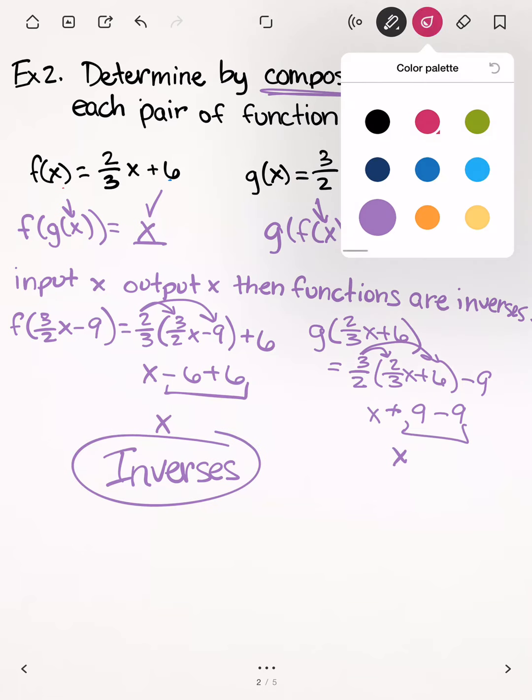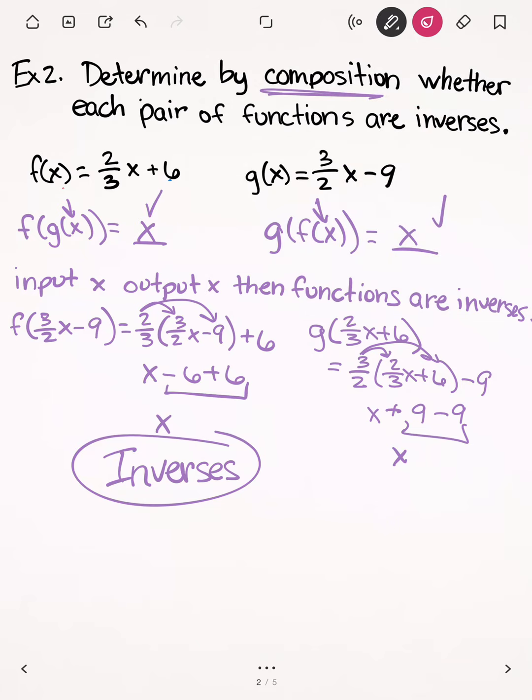Now, you don't have to just use x. So I'm going to show you what this would look like if we chose to use a number. I'm going to choose the number 6. And I'm going to do this one over here using 6 as well. I'm going to find g of 6 first.